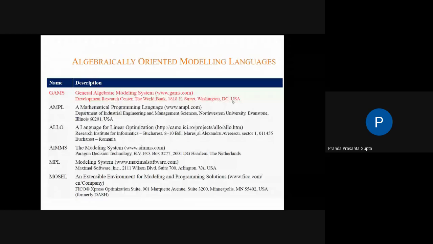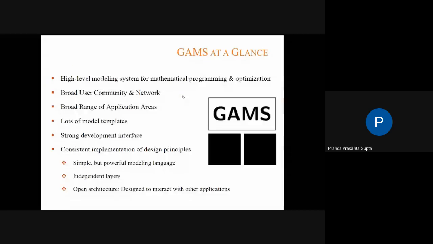If you click on the GAMS site, you get the GAMS user guide material, and by using this you can follow all the instructions on how to install GAMS and how to model in GAMS. They also have some examples. So this is a learning-oriented modeling language which can be used in GAMS.